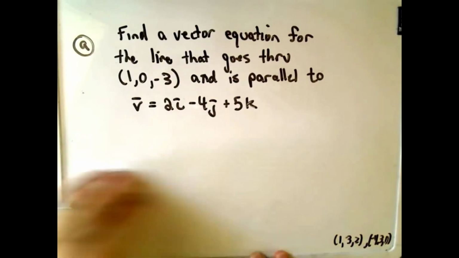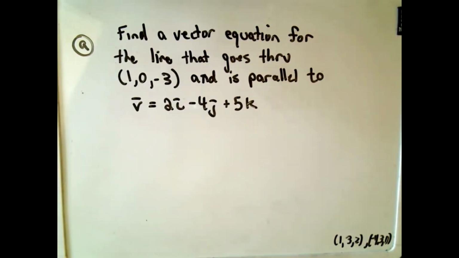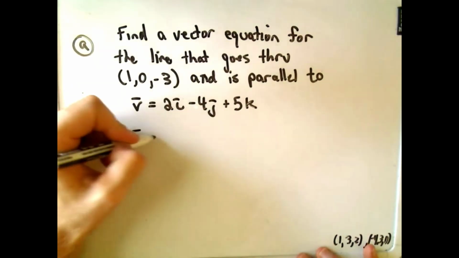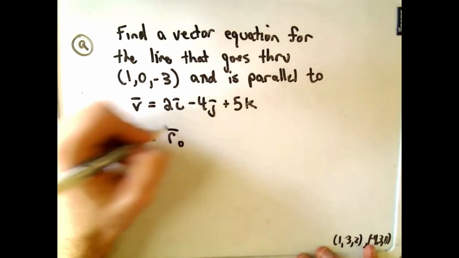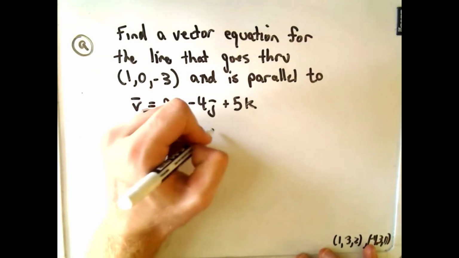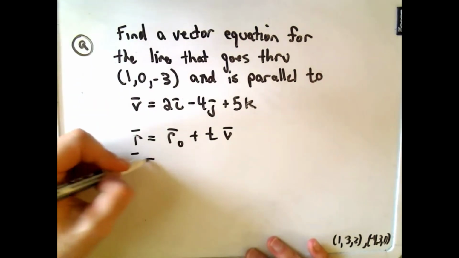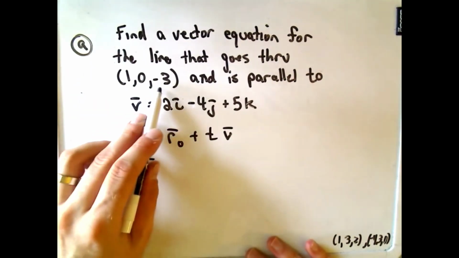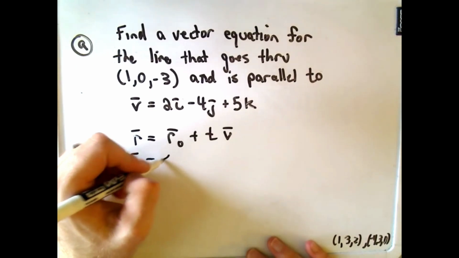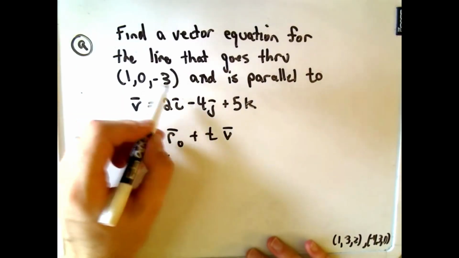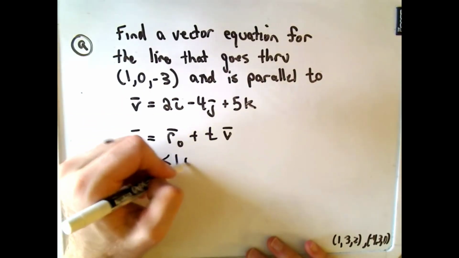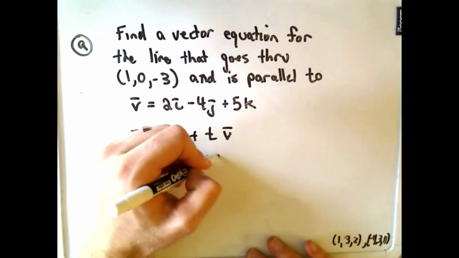The first one is really very easy. So it says our vector r is going to be a position vector that points to a point plus t times a vector v that's parallel. Well, we know that this point 1, 0, negative 3 is on our line, so the position vector that would go to that point would be 1, 0, negative 3.